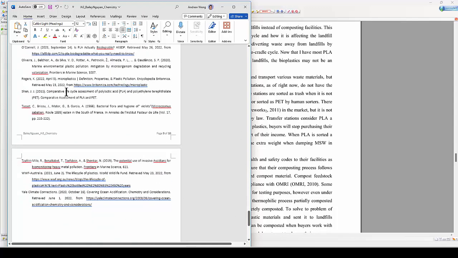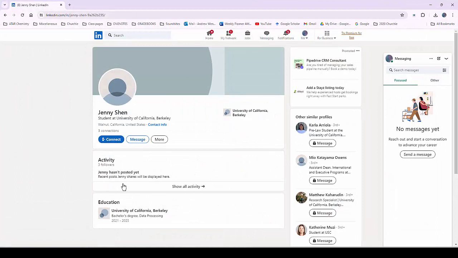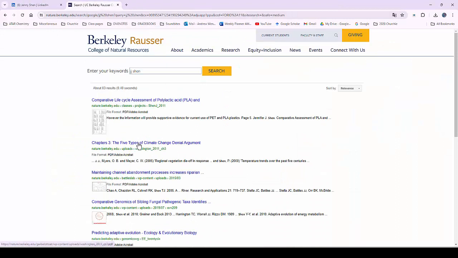And then if I go and look up this person, they're not a PhD. They only recently got a data processing degree. And then if you go to their website, where it's from, it's marked off as classes, as if that's just a student assignment. So it's an undergraduate student assignment.